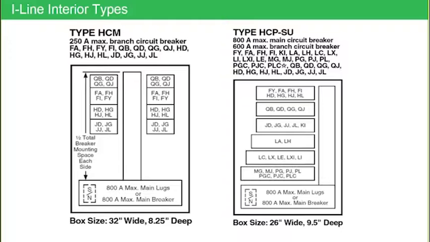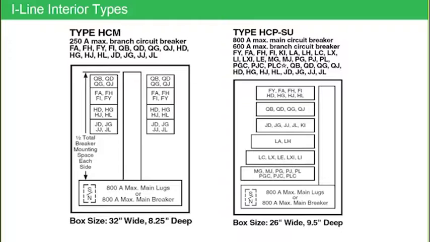And then if you notice over on the left-hand side where the arrows are, it says 1/2 total breaker mounting space on each side. The reason that illustration tells you that is when we go to the interior selection tables, the selection tables for the interiors talk about the total mounting space of the panel board.